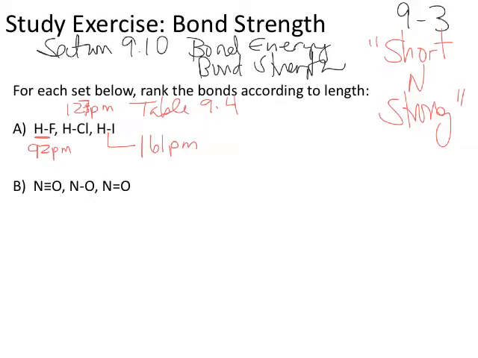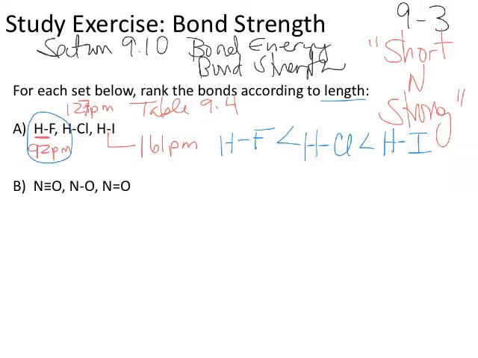So remember, short and strong. So which one's your strongest one? And the length here. So HF is shorter, and then you would have HCl, and then you would have HI.